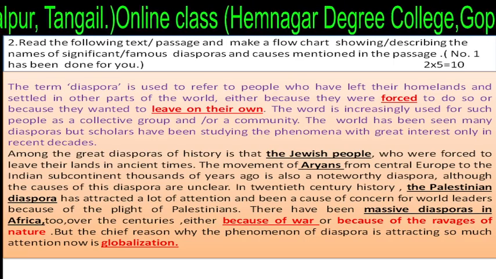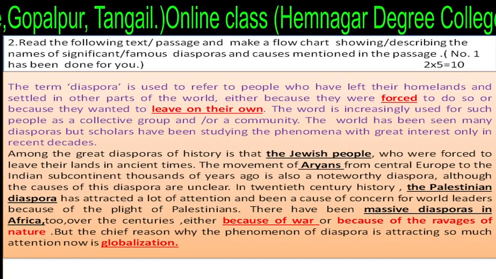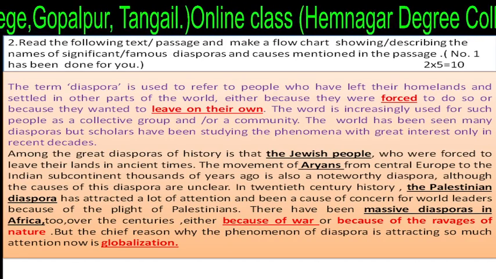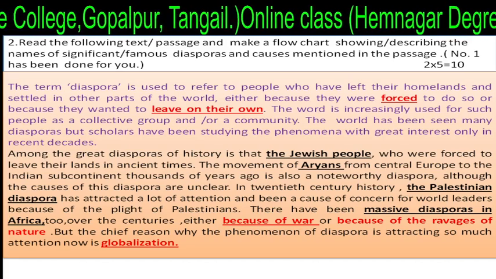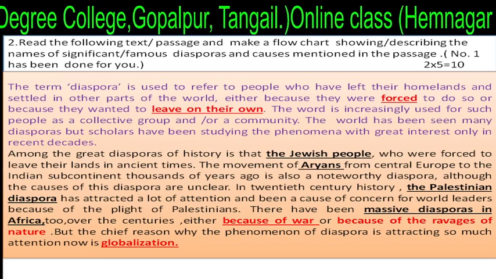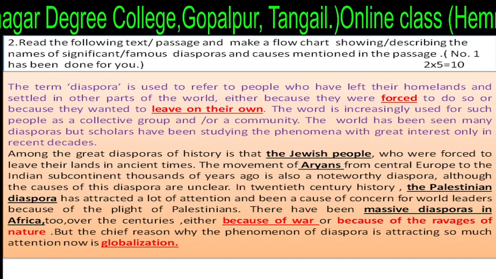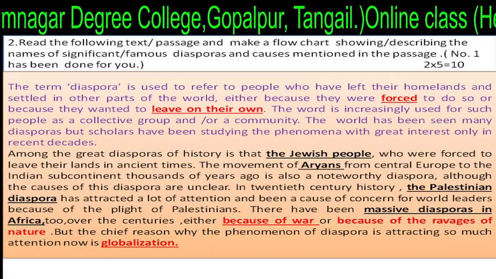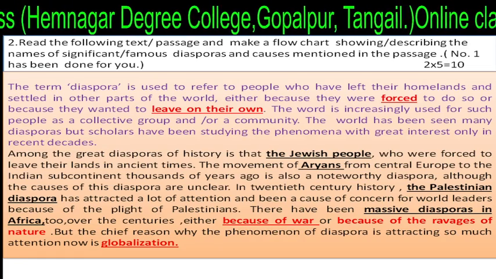That means you have to complete the flowchart using or showing the names of significant diasporas and some causes mentioned in the passage. You can see in the passage some highlighted words or phrases or sentences. These highlighted words or phrases or sentences will help you to complete the flowchart.